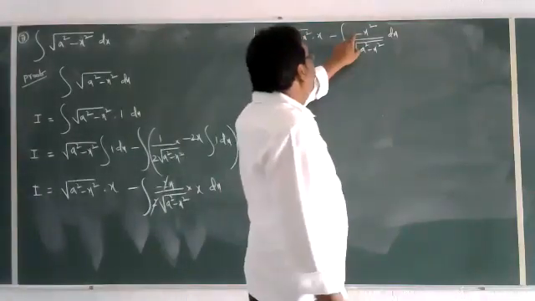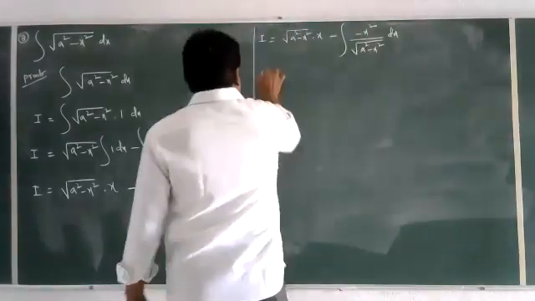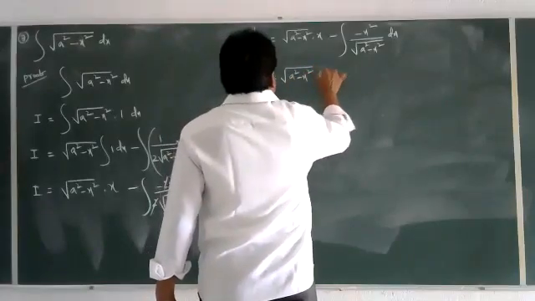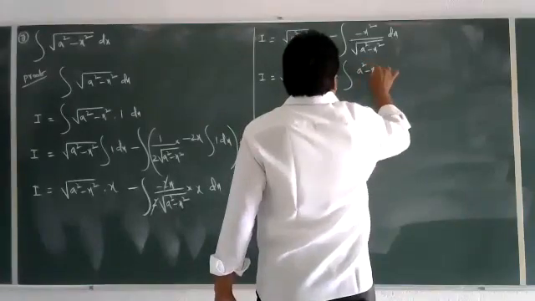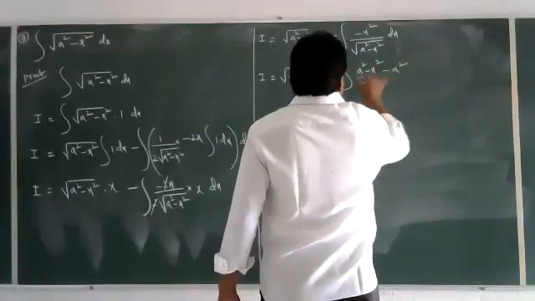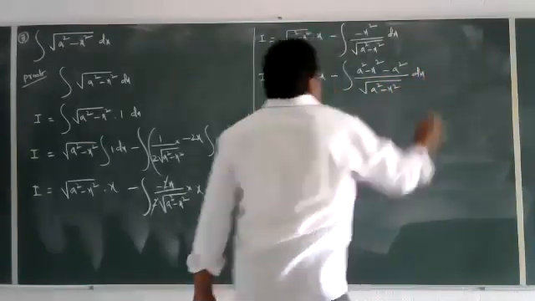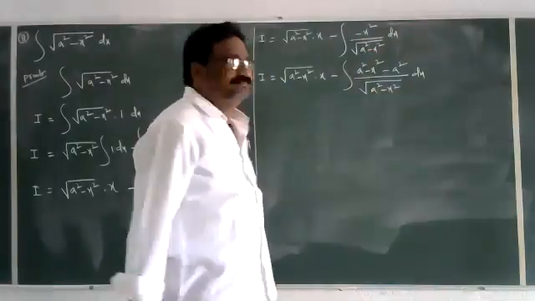Here in the numerator, you can add a square and subtract a square. I is equal to root of a square minus x square into x minus integral of a square minus x square minus a square by root of a square minus x square dx. Here adding a square and subtracting a square.